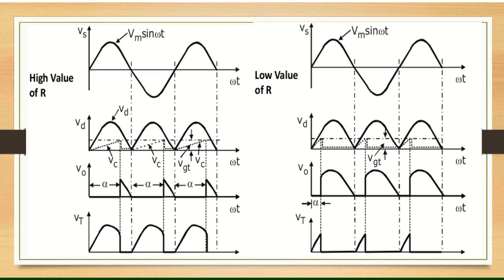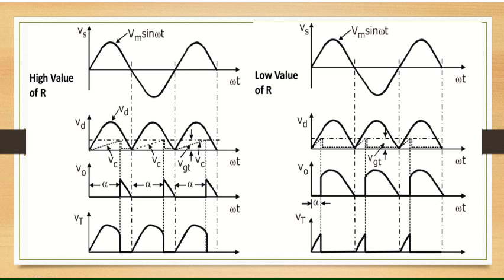Varying the time constant is nothing but varying the time taken for the capacitor to charge. Which means the voltage across the capacitor will be increasing. So at what moment the voltage across the capacitor becomes equal to VGT, that is when the SCR will turn on.